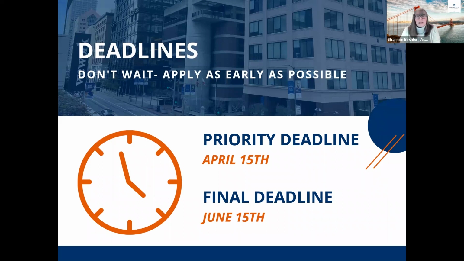So April 15th is really that ideal time frame in which getting everything in, you've now given us the time that we need to review all of your application materials and make an admission decision in a timelier fashion so that you have more time to make the decision about where you are going to attend law school and to begin to lay the foundation for your transition into the law school and to be successful in that transition.